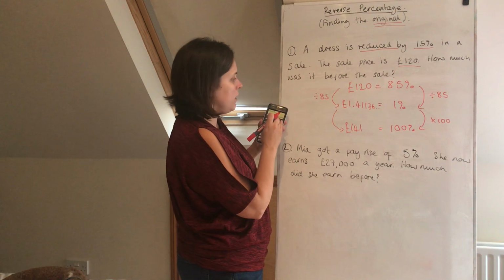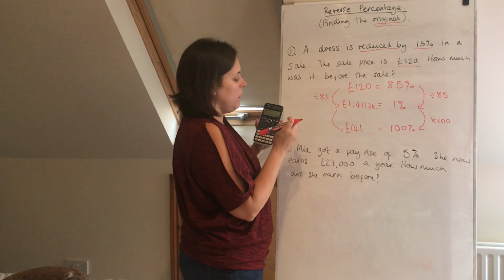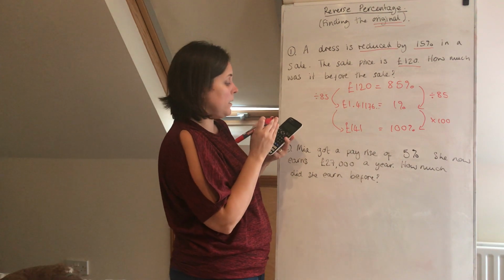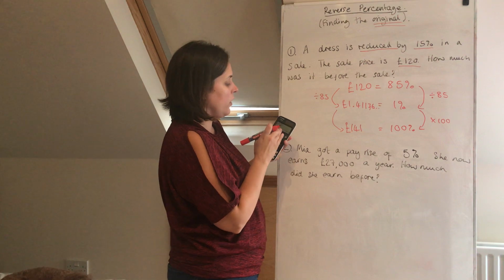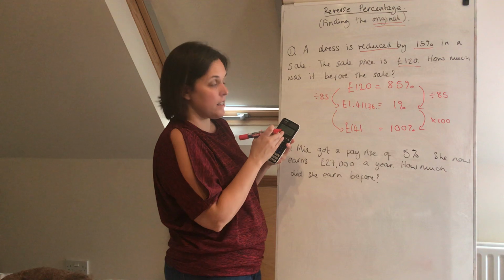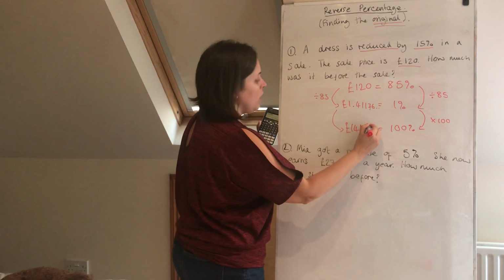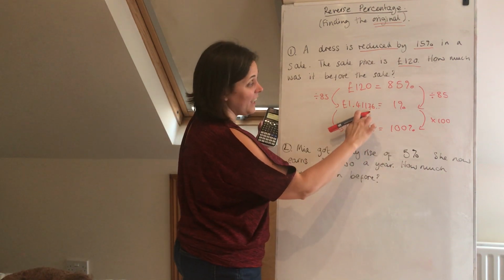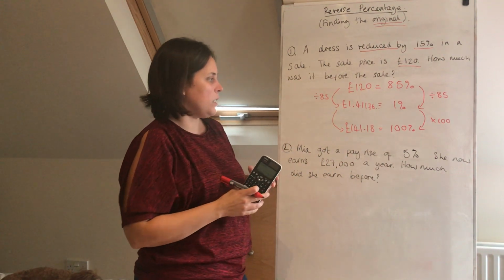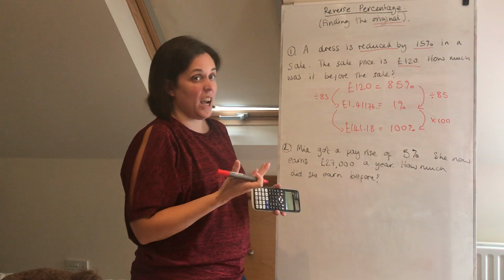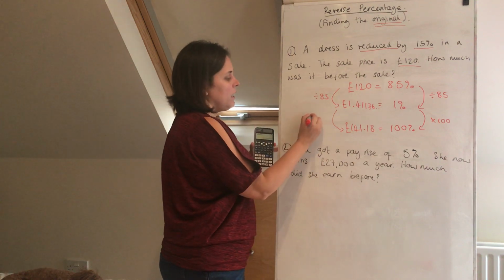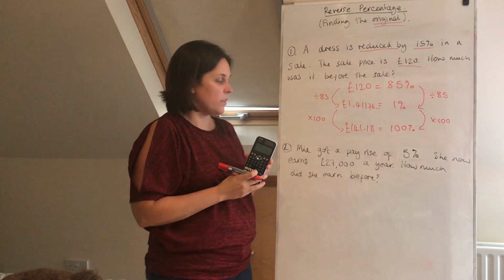It's 0.176, and the 6 rounds the 7 up, so therefore I get 0.18. You can see that here, because if you times by 100, the numbers are just moving over to the left 2 places. So that is essentially your answer. That's the price of the dress. Nice and straightforward. All I've done here is then times that by 100.